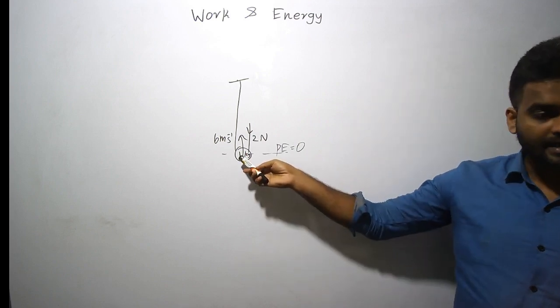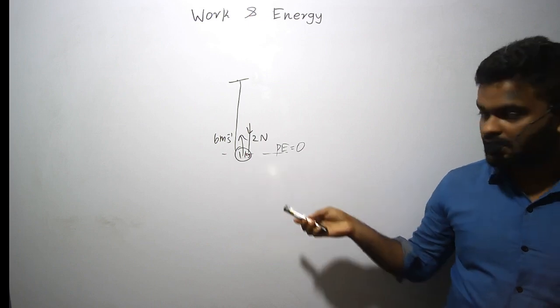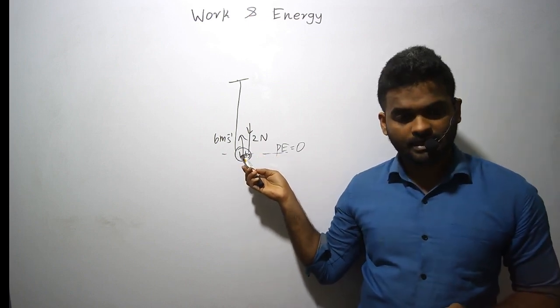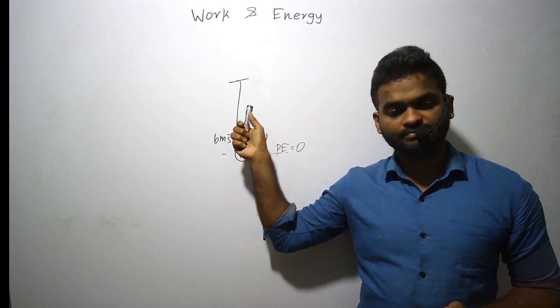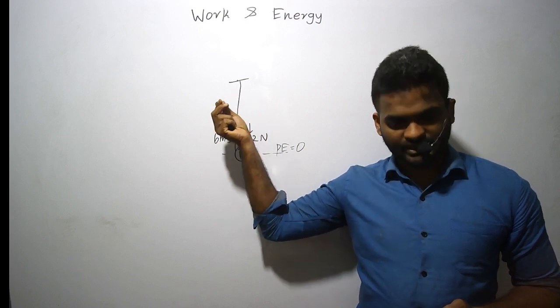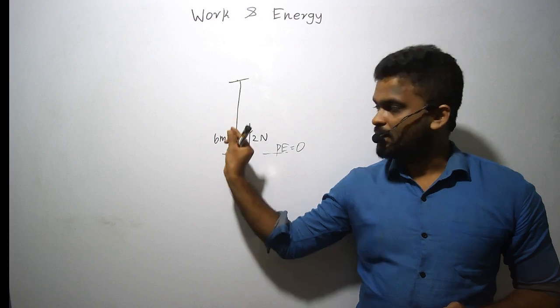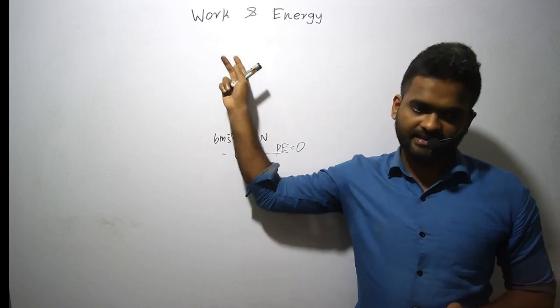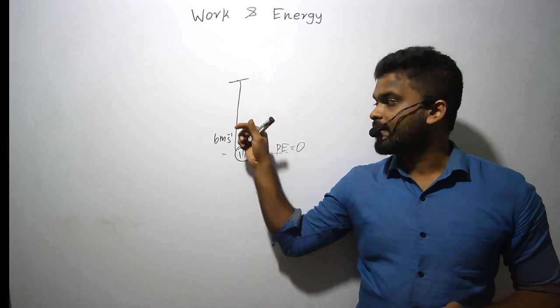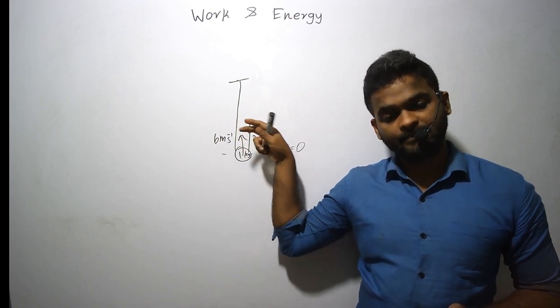So kinetic energy is given, right? That kinetic energy, as it goes up, converts into what? Potential energy. Part of this kinetic energy converts into potential energy since it goes up, right? And its speed is decreasing.